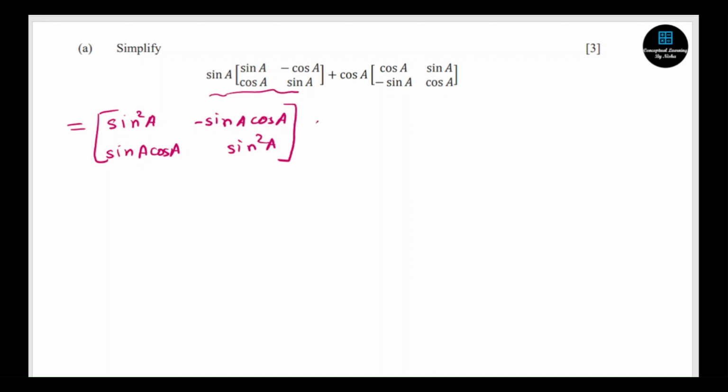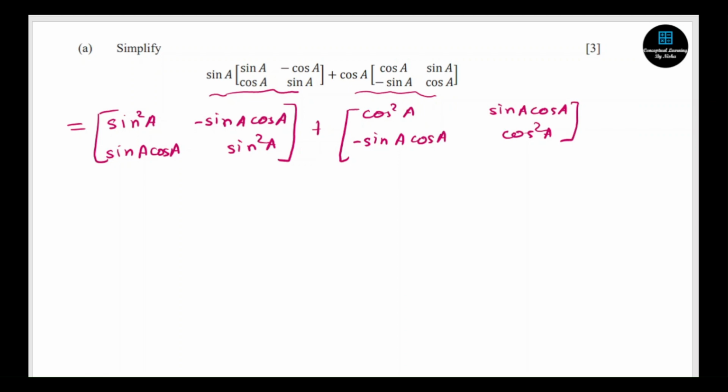Now when I do the same thing for the second part of this, so what do we get? Let me just write this. Cos square A. This is cos A sin A, so I can write this as sin A cos A only. Right? Then this is again minus sin A cos A. And this is cos square A.